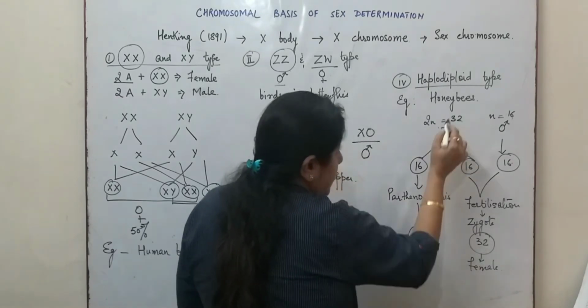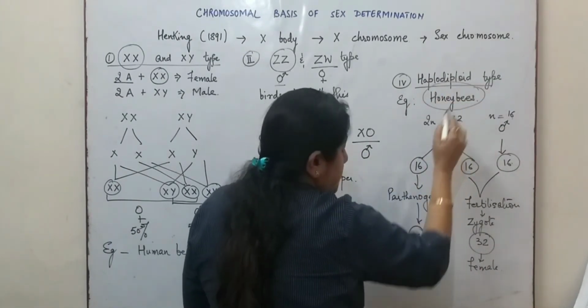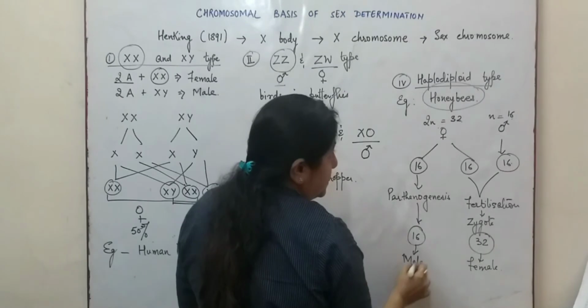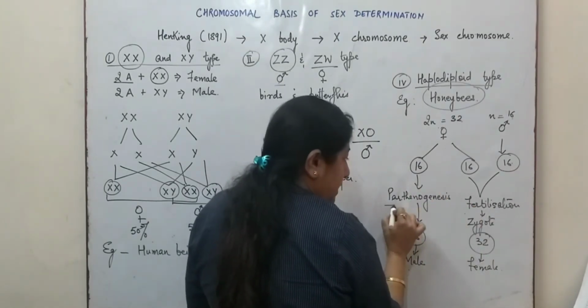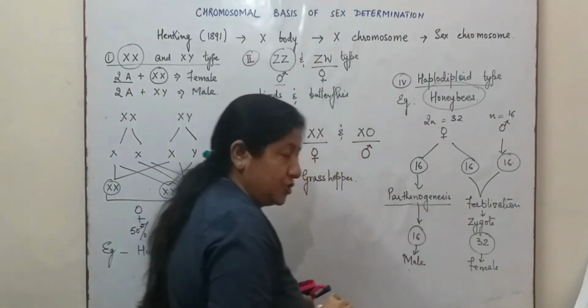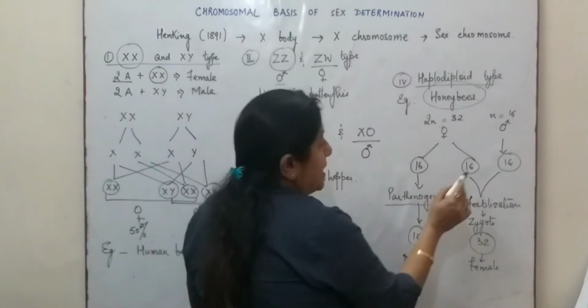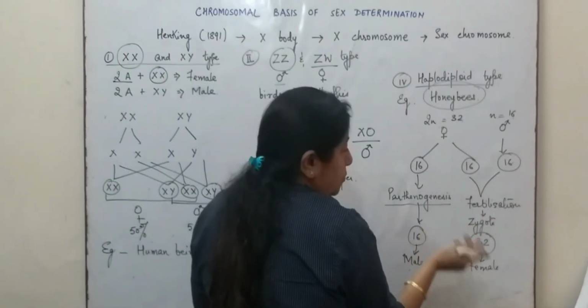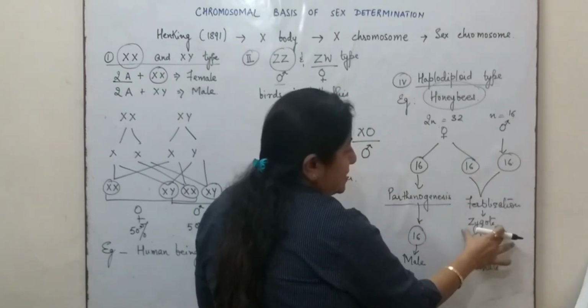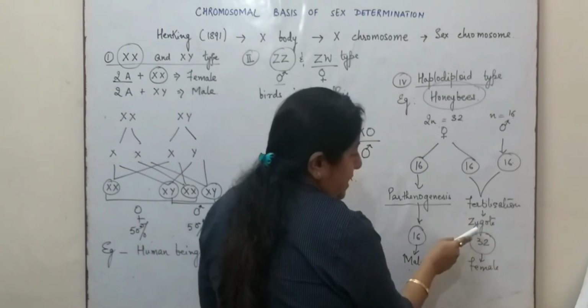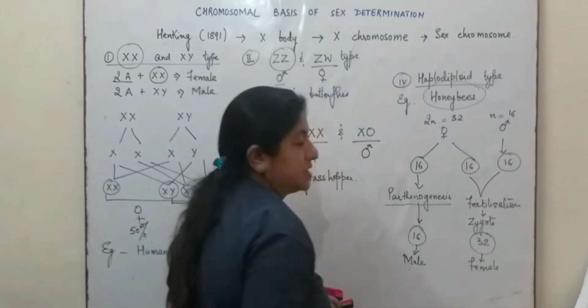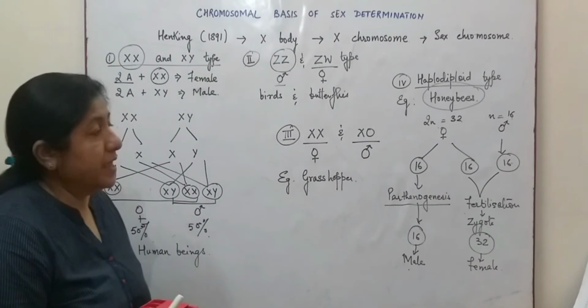So in honeybees, males are developed if no fertilization takes place, only through parthenogenesis, whereas a female is obtained when fertilization takes place after gametogenesis, and the zygote formation results in the development of a female individual.